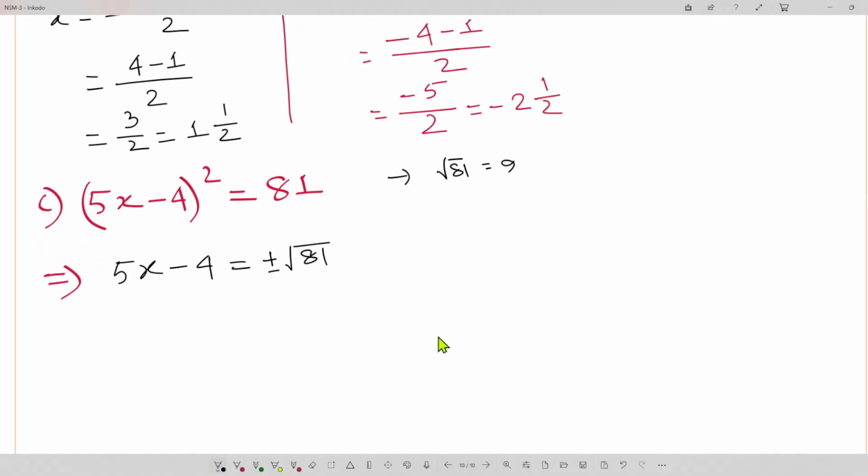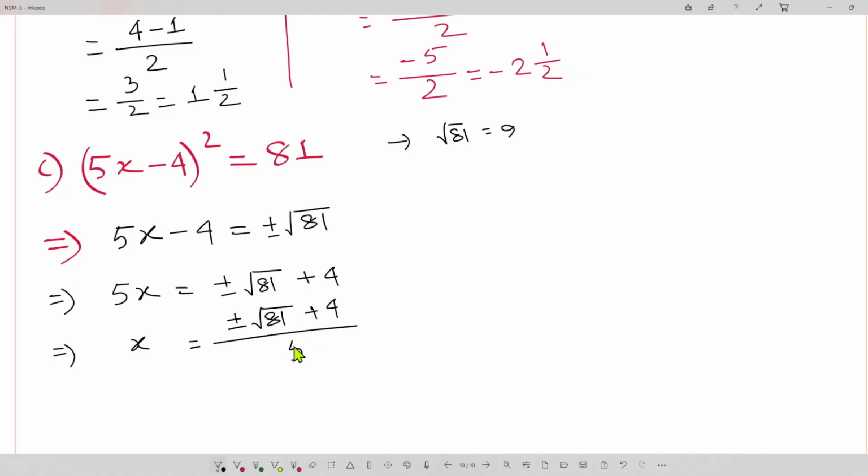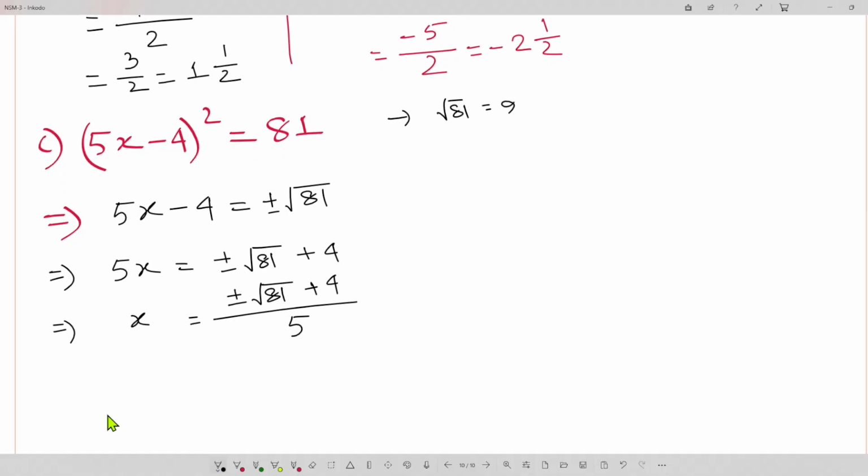Okay, then be careful about this one. 5x, we will add 4 to both sides, so plus minus root 81 plus 4. Now we will divide both sides by 5, so x equals (plus minus root 81 plus 4) divided by 5.